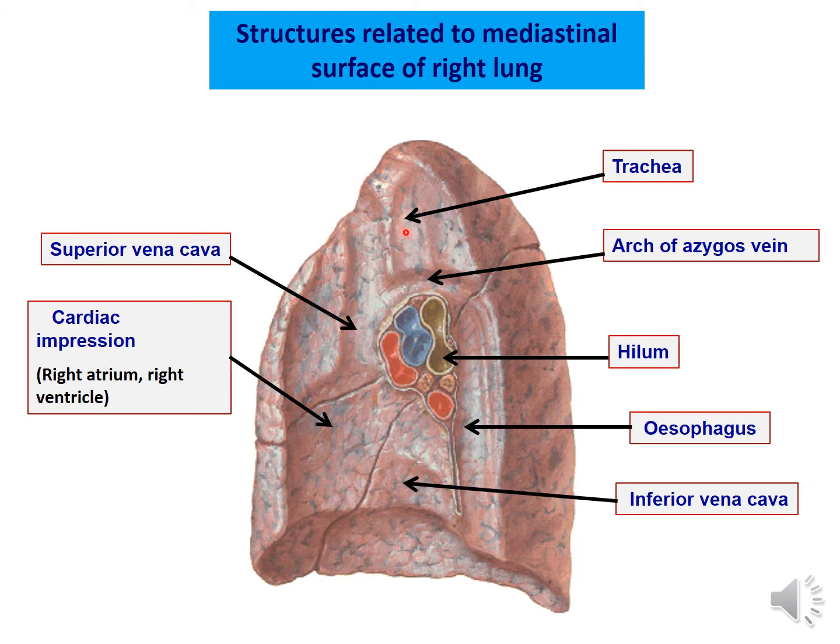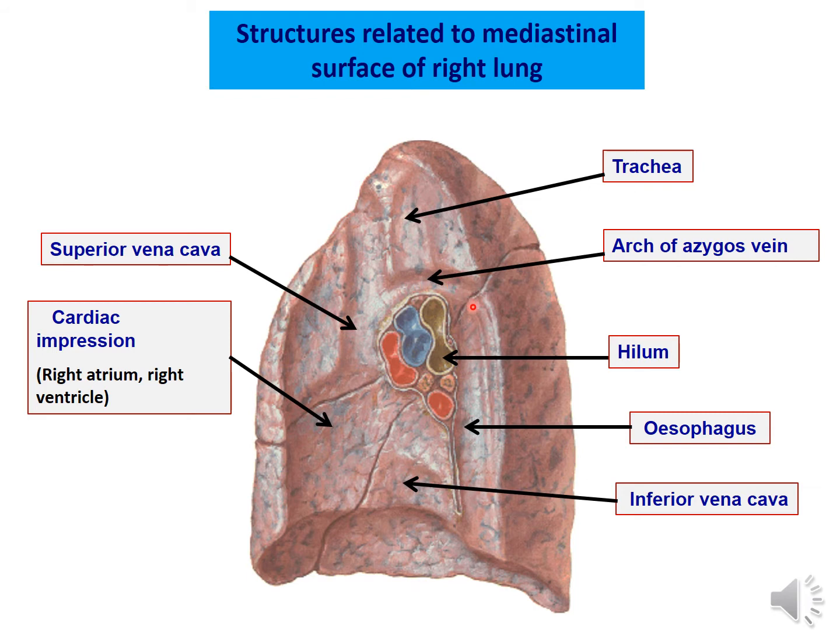Above the hilum you can see an impression. This is the impression for the trachea. In front of the trachea there is an impression for the superior vena cava. If you trace this superior vena caval impression, there is an impression here above the hilum in the form of an arch.